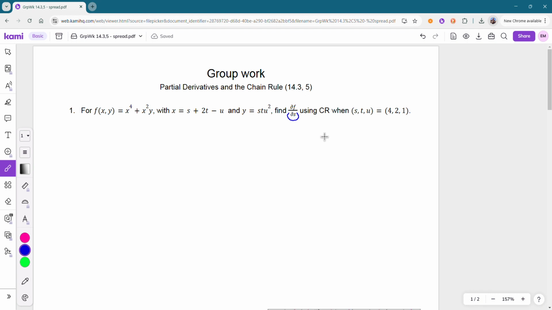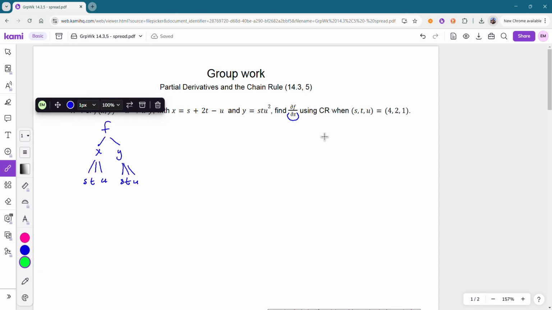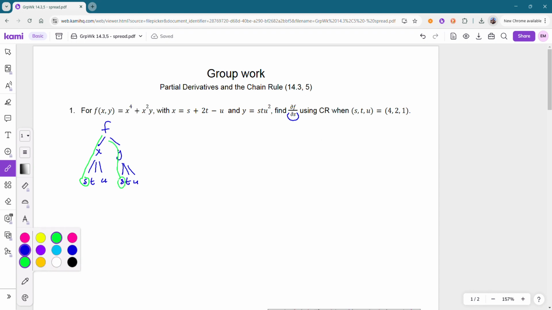All right, so to start, we have our function f of two variables, and each of these is in terms of the parameters s, t, and u. And we have these two paths down to our parameter s. And so adding those up, we get our formula for the chain rule.